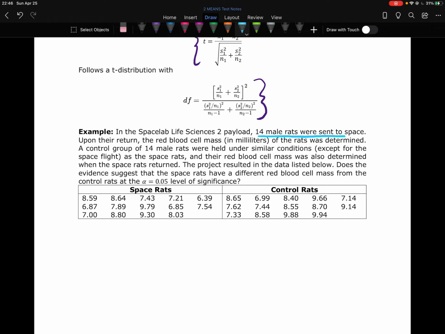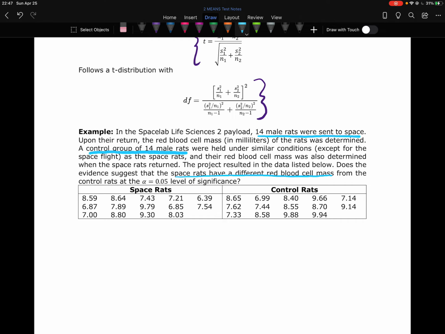So we have 14 male rats that went to space and 14 male rats that did not go to space that we're using as a control group. And we want to know, do the two groups of rats have different red blood cell masses? So did going to space affect the red blood cell mass of the rats?